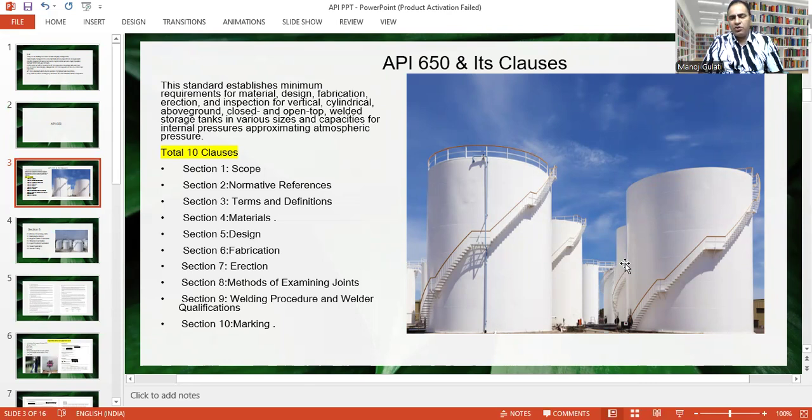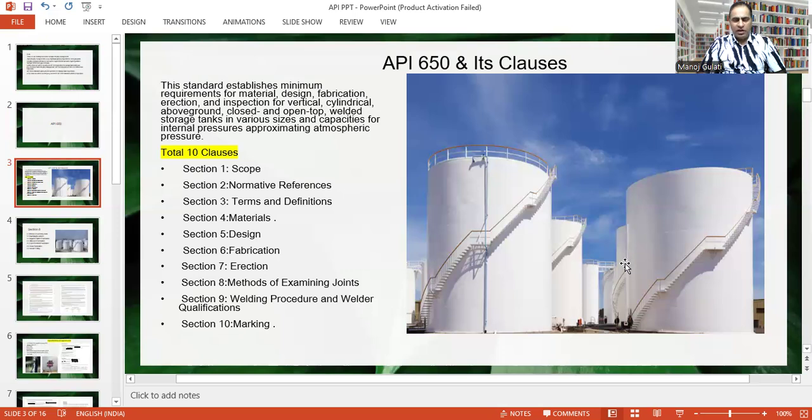It is very important to note that this is a very vast standard, and it covers end-to-end design, construction and inspection of the storage tank in oil and gas companies. But in this series, we will be focusing more on the inspection part.